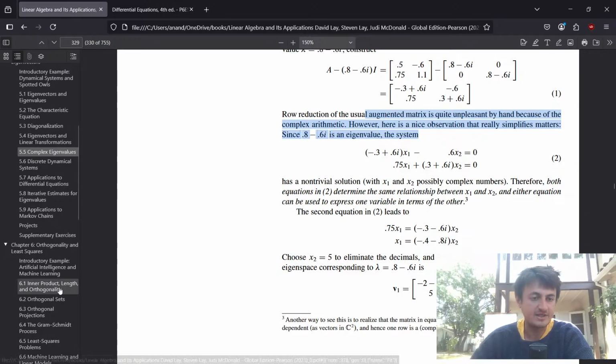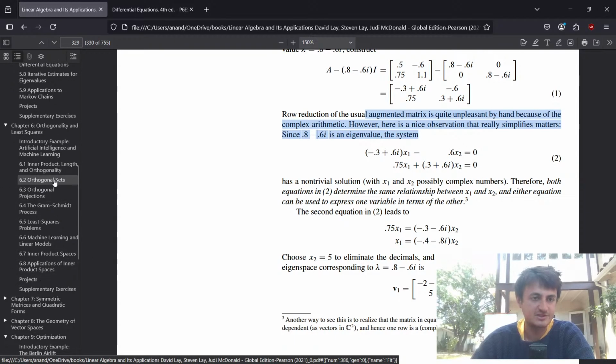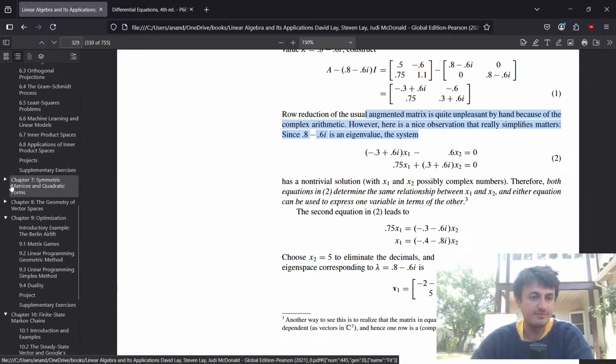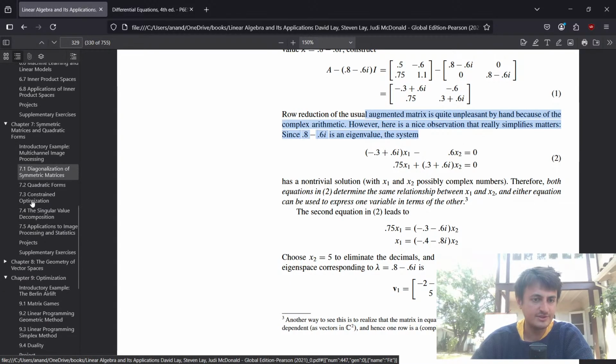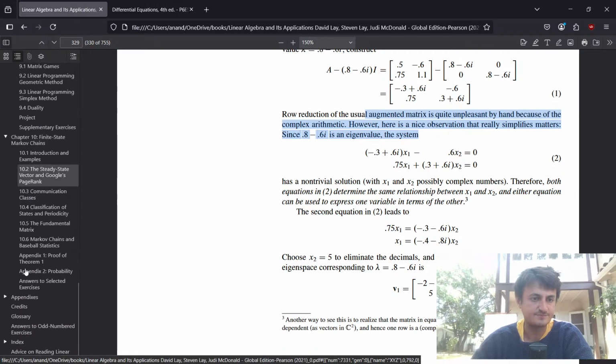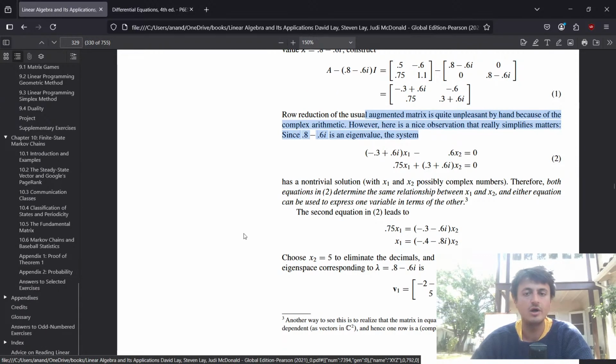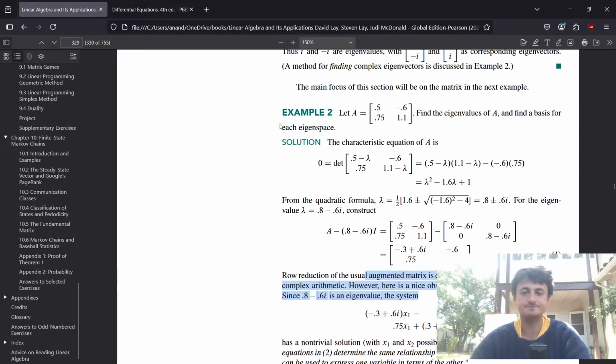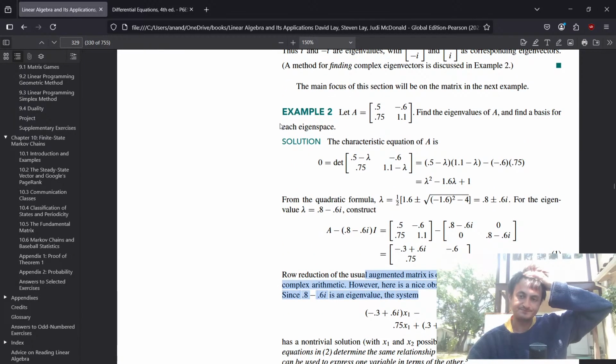My class is gonna end at the end of chapter 6 on orthogonality and least squares, but I'm thinking I should probably just finish this book over the summer, because then I'll say, at least I've worked through one book.